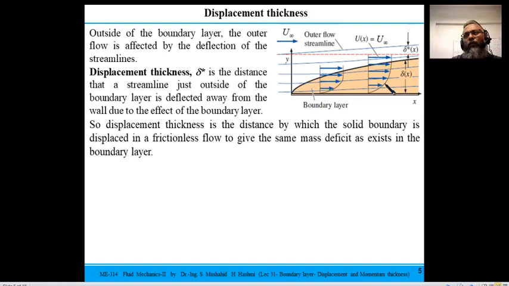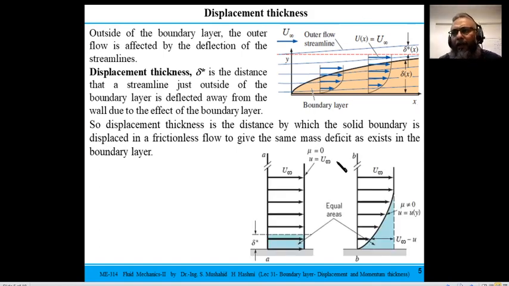Once you experience a viscous effect, there is a deflection and a displacement, the distance by which the solid boundary is displaced compared with the frictionless flow in order to balance the mass. Such a thickness is called the displacement thickness.